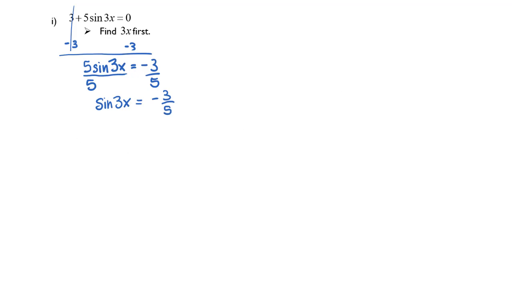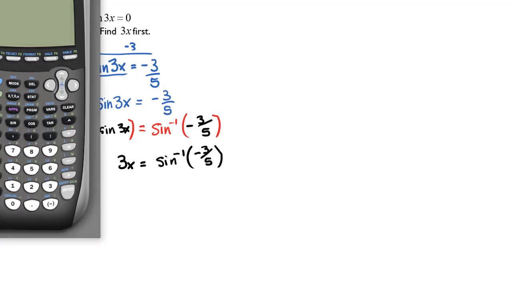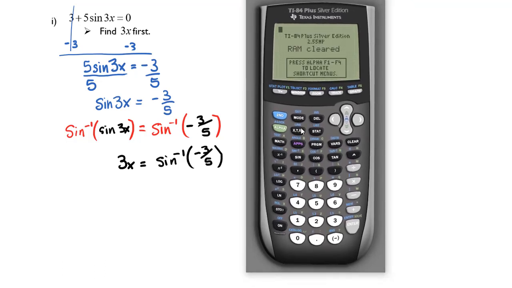From here, I'm going to take the sine inverse of both sides. And this gives me 3x is equal to sine inverse of negative 3/5. From here, I'll use my calculator. I'll check the mode, and I'm going to leave it in radians.